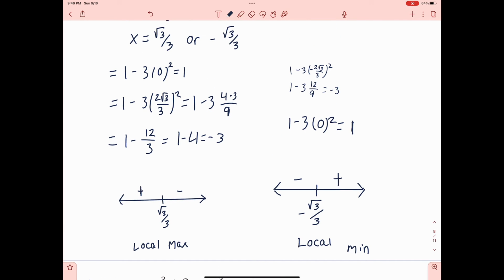So our value less than is going to be negative 2 root 3 over 3, and our value greater than is going to be 0. Plugging in negative 2 root 3 over 3 gives us negative 3, and plugging in 0 gives us 1. Meaning our value less than would give us a negative value, and our value greater than would give us a positive value, meaning negative root 3 over 3 is a local minimum.